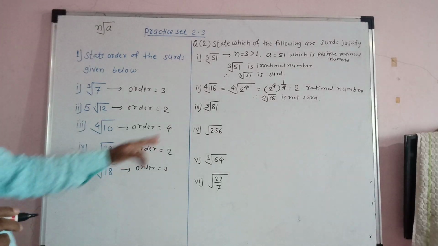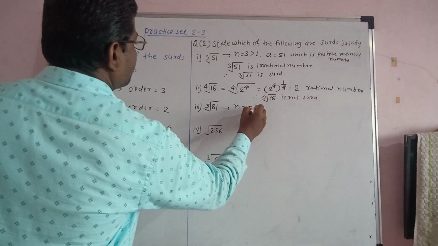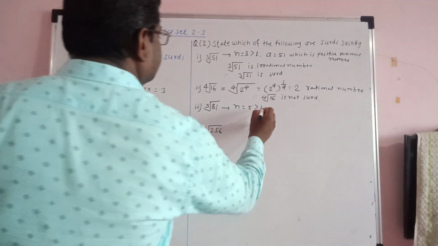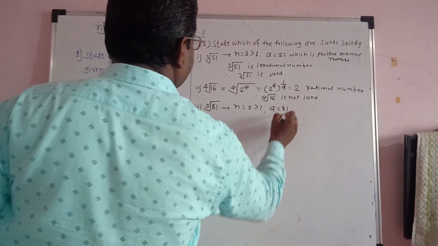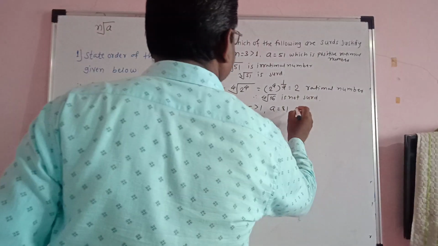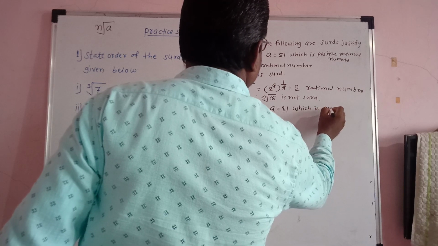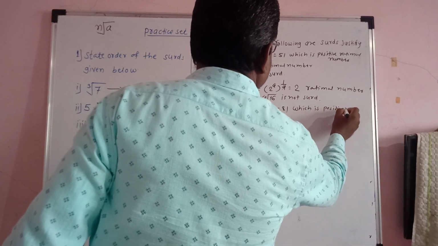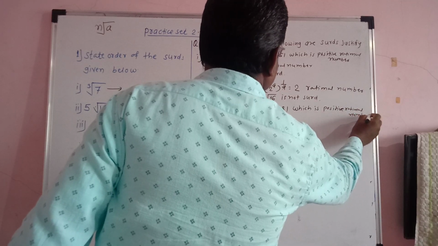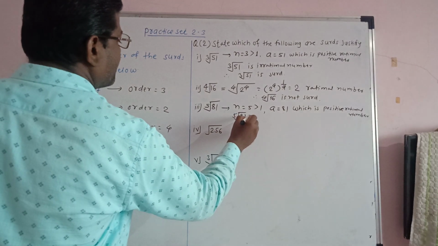Now fifth root of 81. In this n is equal to 5, greater than 1. The order is 5, which is greater than 1. A is equal to 81. The radicand is 81, which is a positive rational number, and we can't find the fifth root of 81.